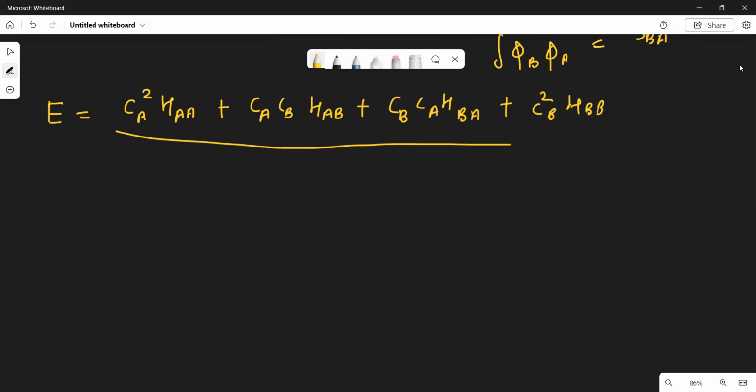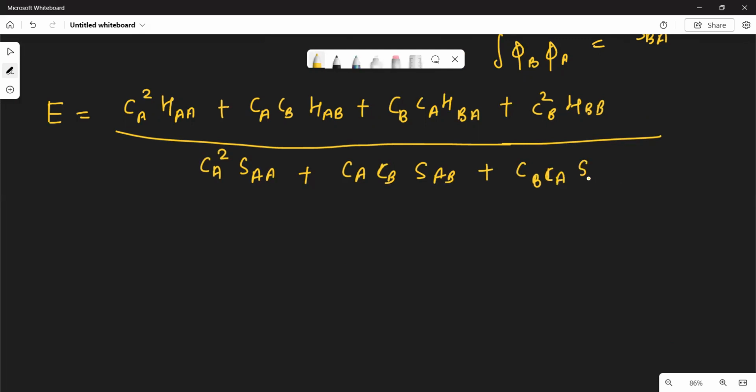And in the lower term, we will write CA squared SAA plus CACB SAB plus CBCA SBA plus CB squared SBB.